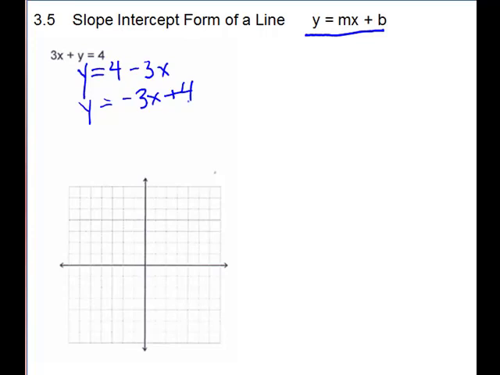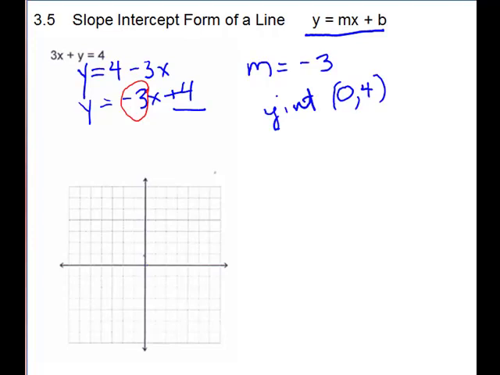Now it's in slope-intercept form. Pick off your slope, coefficient of the x. So m equals negative 3. Your y-intercept is 4. So 0, 4. Plot your point. So start at 0, 0.